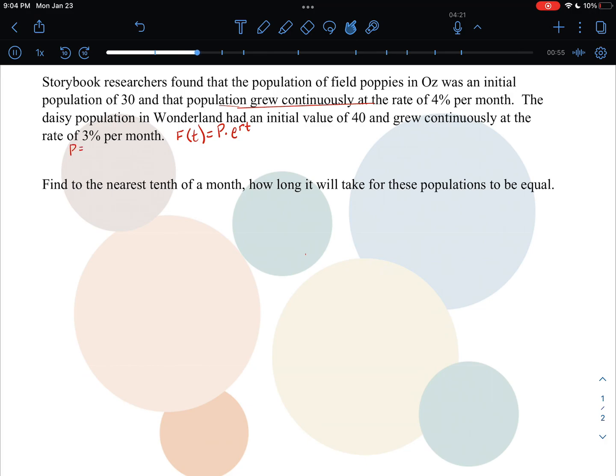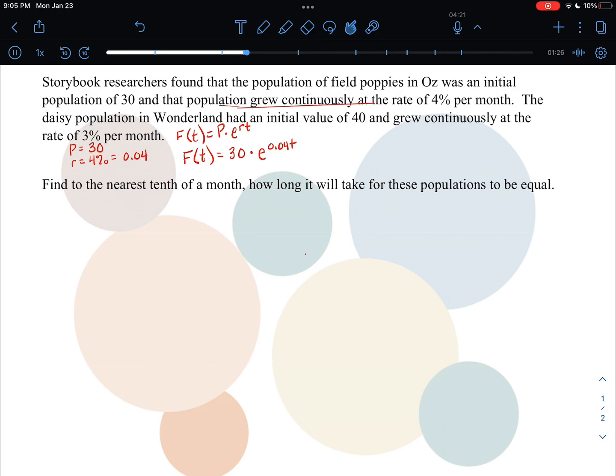My P for the field poppies is 30. e is just a number. r is my rate, which is 4%, or another way to say that is 0.04 in decimal form. So my full field poppy formula is 30 times e to the 0.04t.